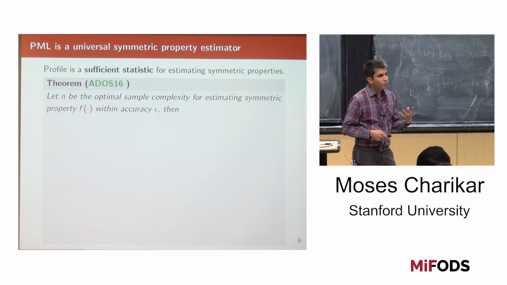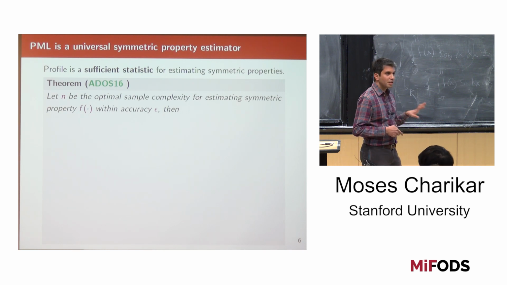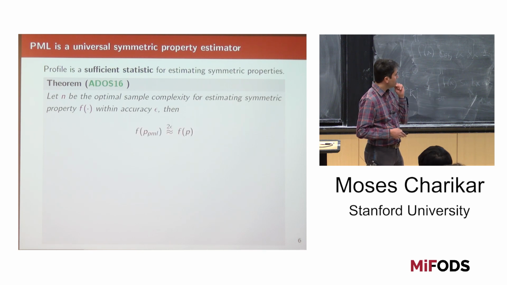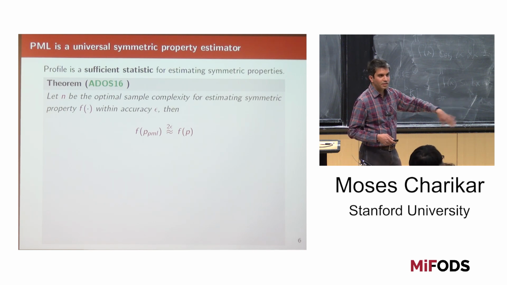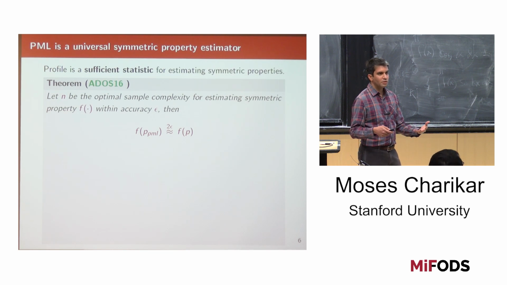If you knew that n was the optimum sample complexity for estimating this property within some accuracy epsilon, then what you could do is the following. As a black box, forget about this particular property, just compute the profile maximum likelihood distribution, compute the property on this distribution, and report that as your estimate.